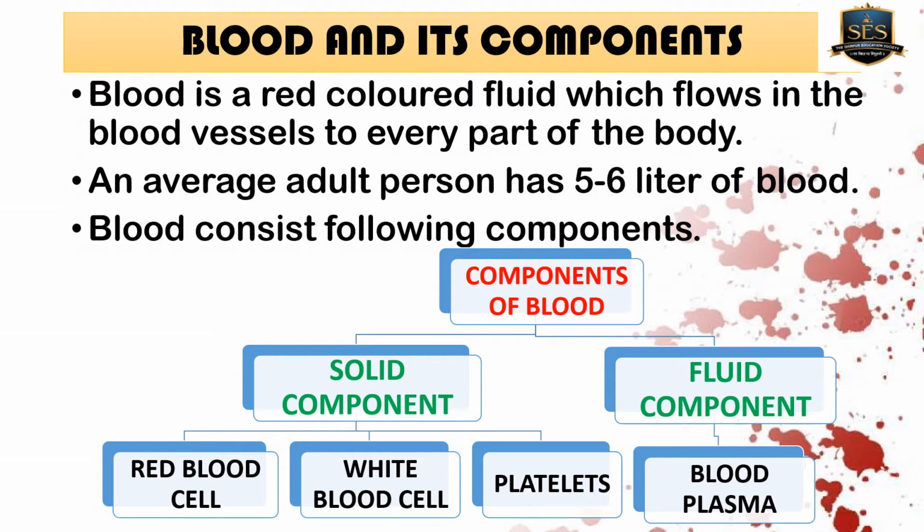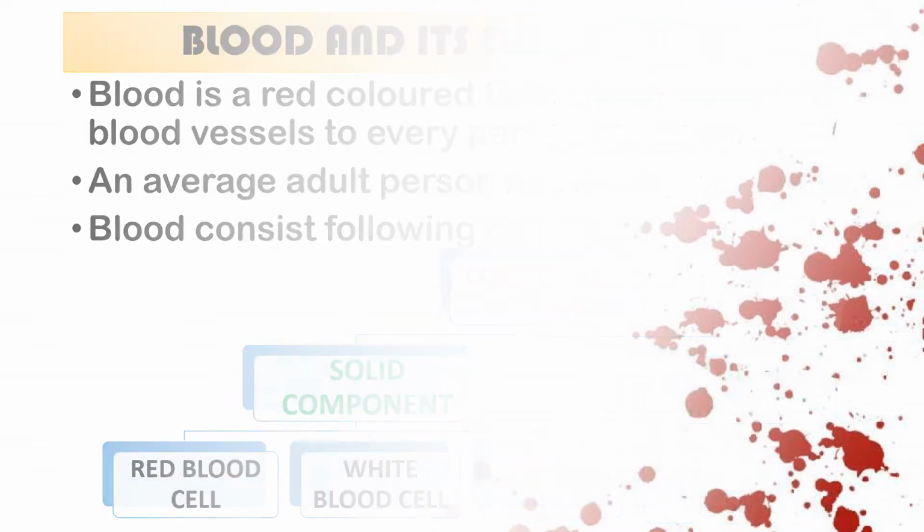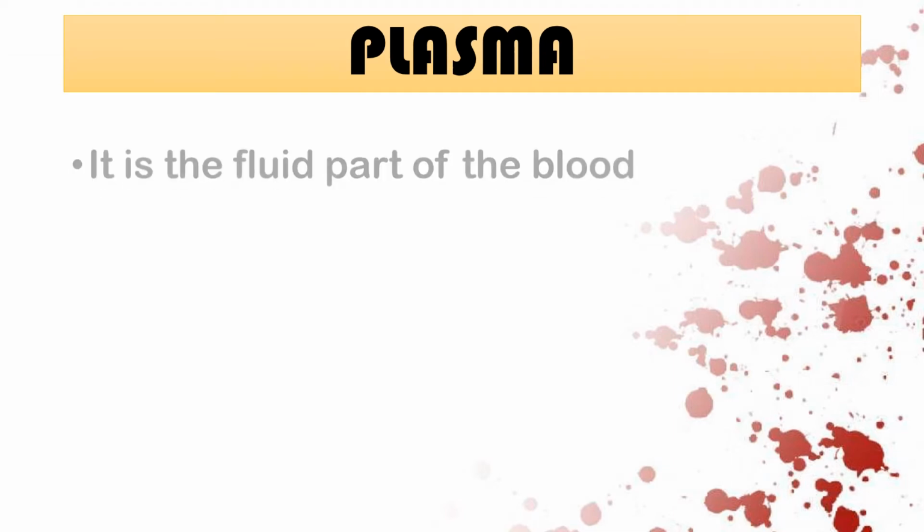Mainly there are two components of blood, that is a solid component and a fluid component. The fluid component consists of plasma and the solid component consists of three different types of cells, that is red blood cells, white blood cells and platelets. We will discuss the fluid component of blood, that is plasma.